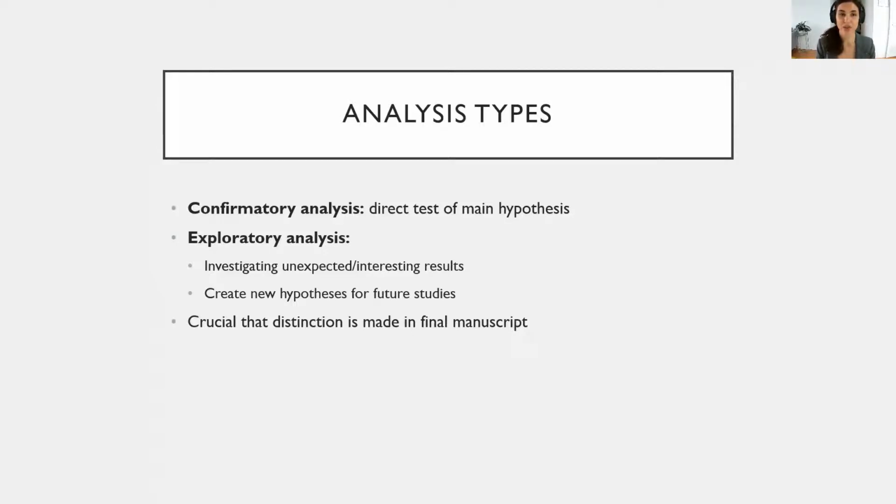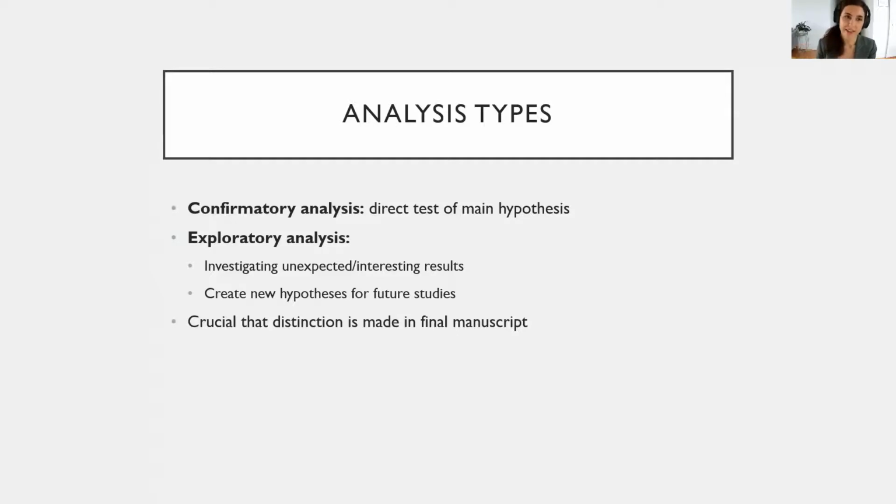You are testing what you want to test. You say what test you're going to use, whether that's a t-test, an ANOVA, or a correlation, any of the things we've talked about so far this semester. You explicitly state which test you're going to use to test that main hypothesis, and you identify the variables. That way you can actually confirm whether or not your hypothesis may be true.